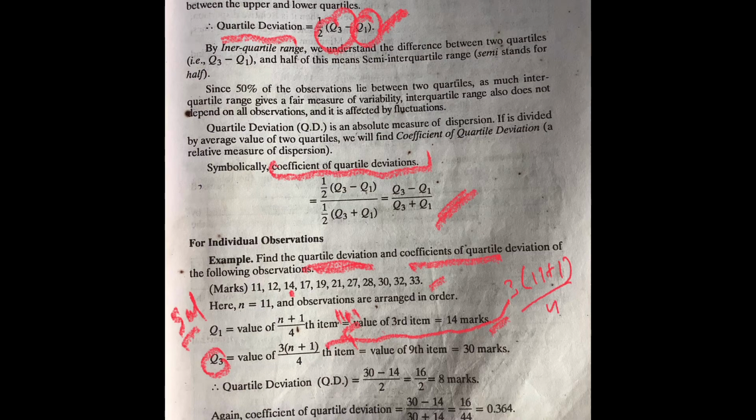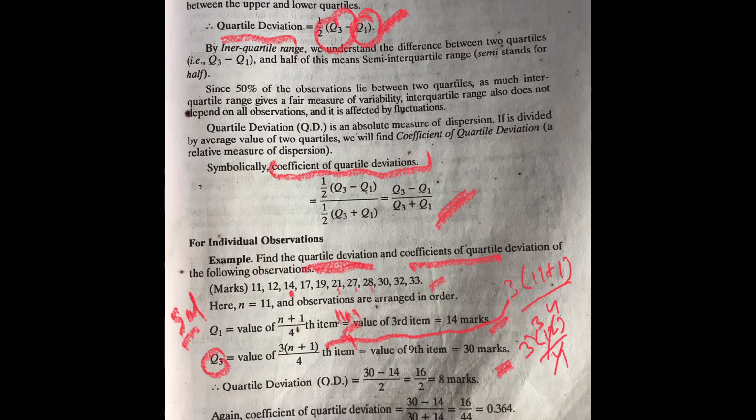It will be 3 into 3, which is 9. The value of the ninth item, you can see 1, 2, 3, 4, 5, 6, 7, 8, 9, is 30 marks. So you got q1 and q3.